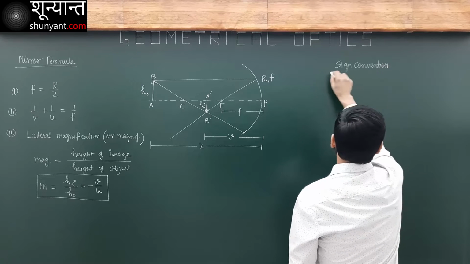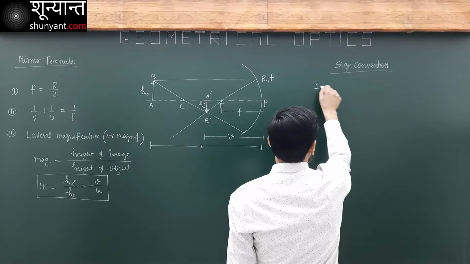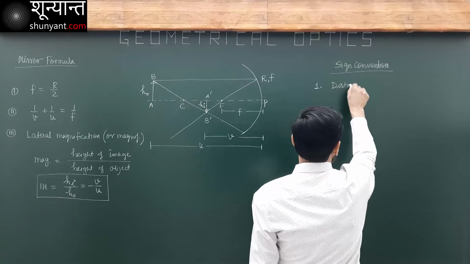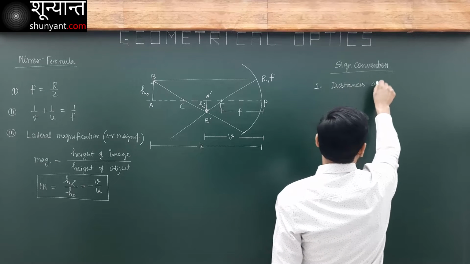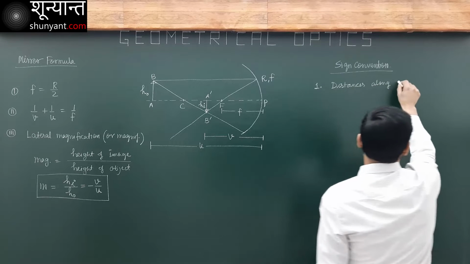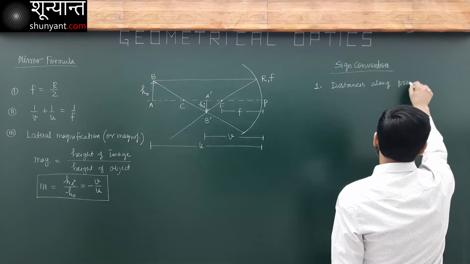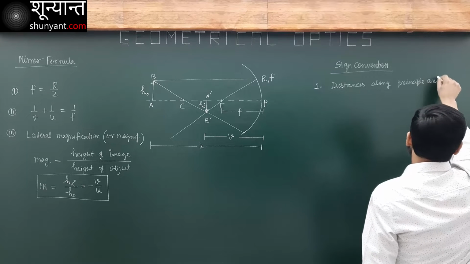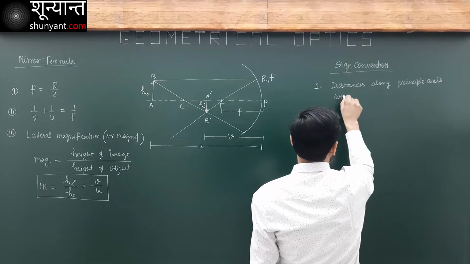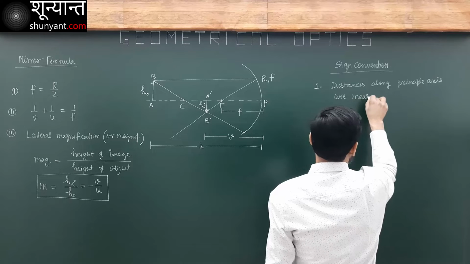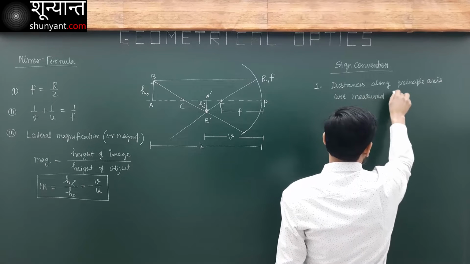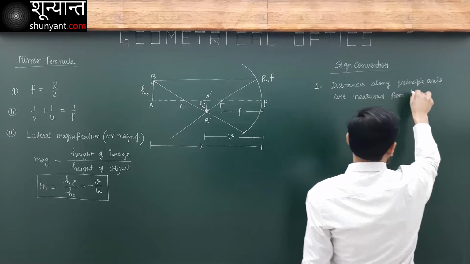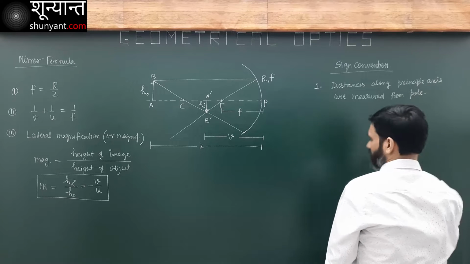Sign convention. Okay. First of all, distances along the principal axis are measured from the pole.